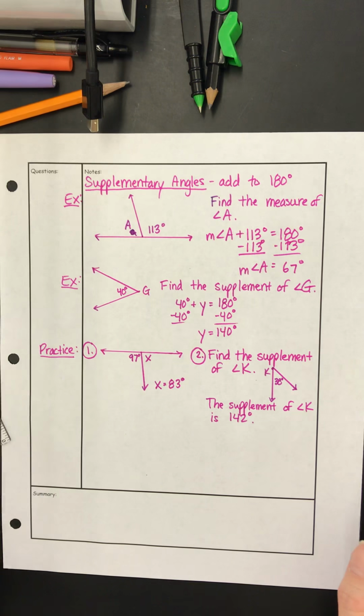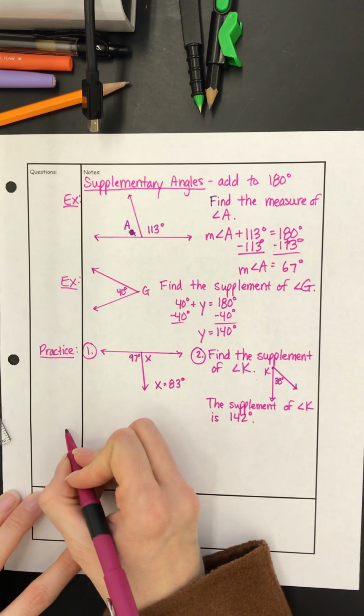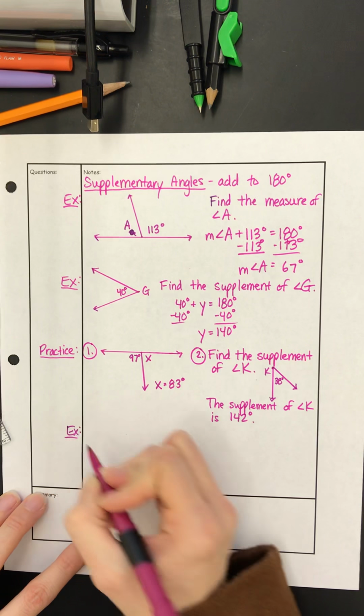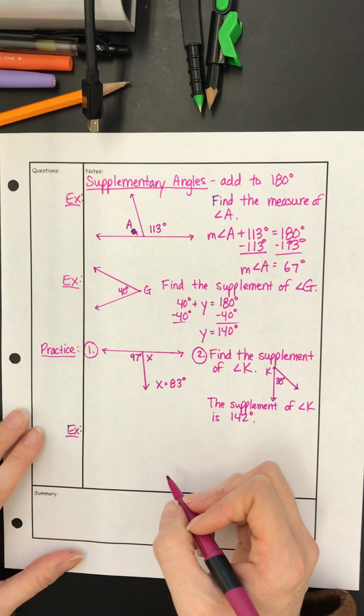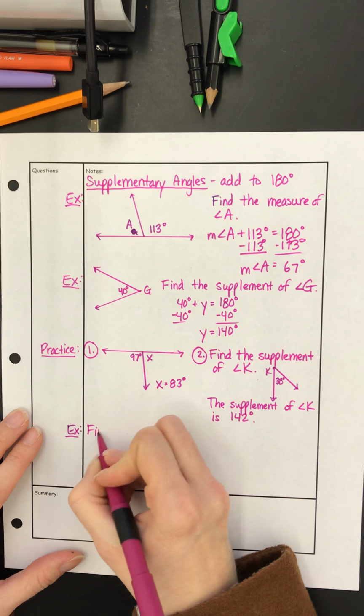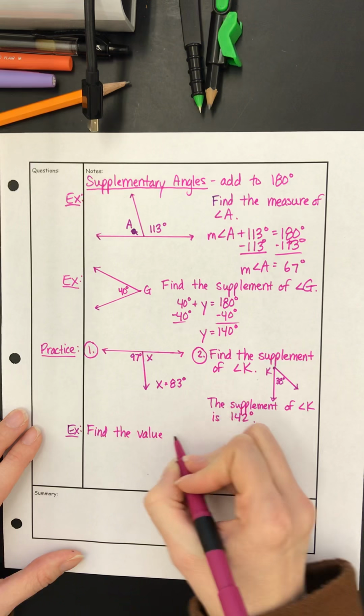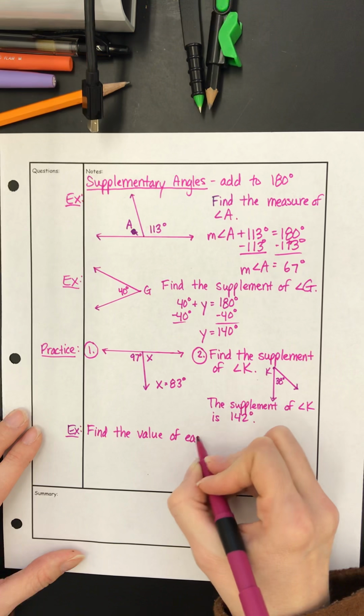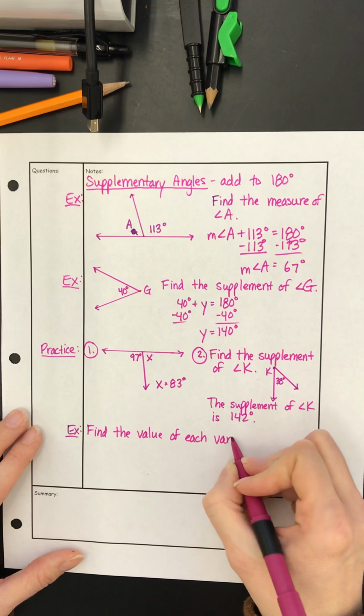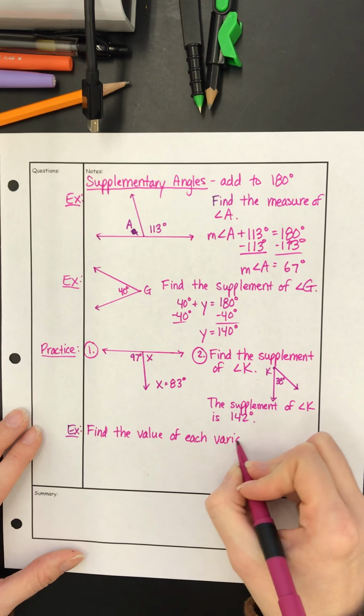Now I want to extend this a little bit further. I'm going to show you a quick example. We're not going to dive too deep into this right now, but I just want to expose it to you. So find the value of each variable. Okay, so let's see here.